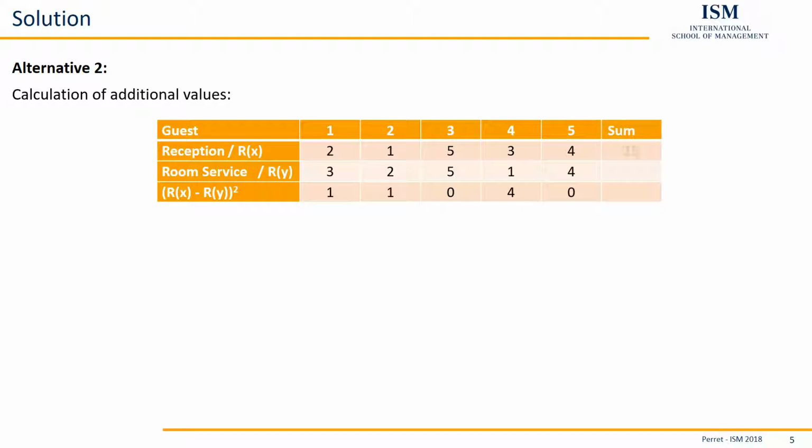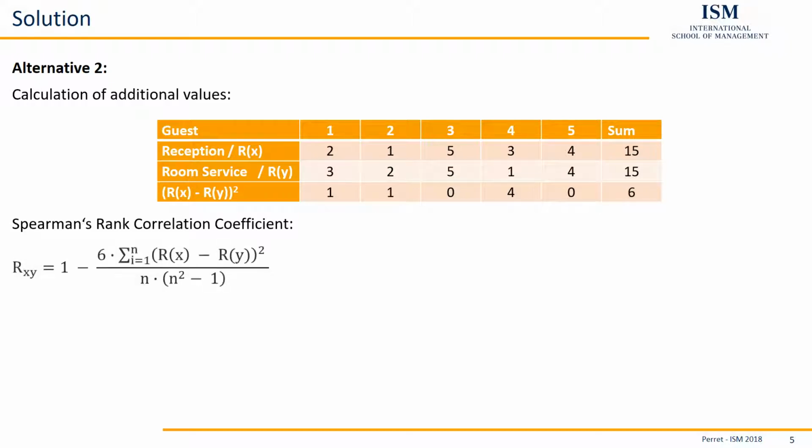Again, we sum them up. Here we don't need the averages. This is actually all we need. In particular, we only need the last one, we only need the 6, because here the rank correlation coefficient becomes much easier in the way of the following formula.